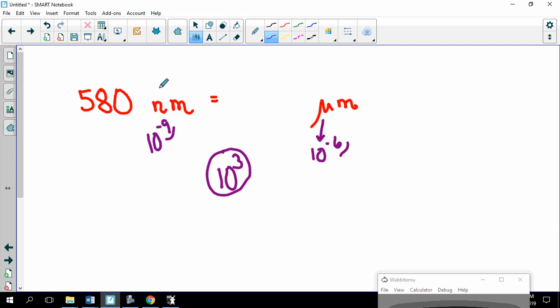Now, this is the small and this is the big. So we got to make this smaller to go over here. That's one way to explain it. I actually like that way the best, personally.